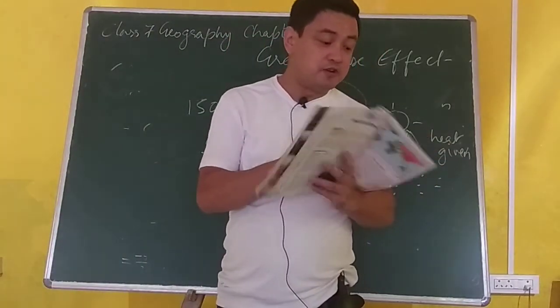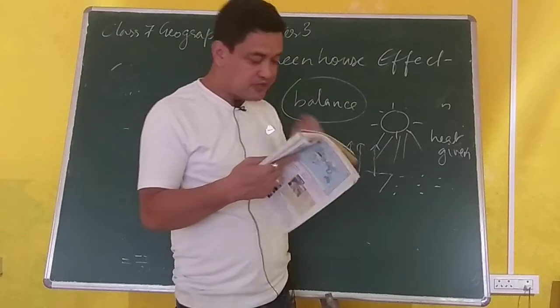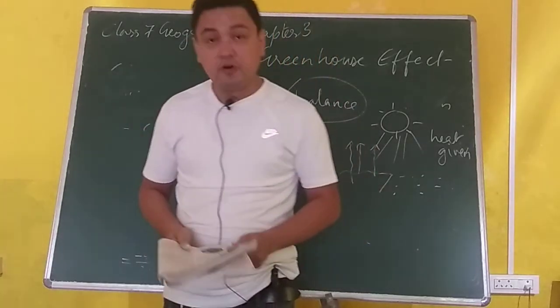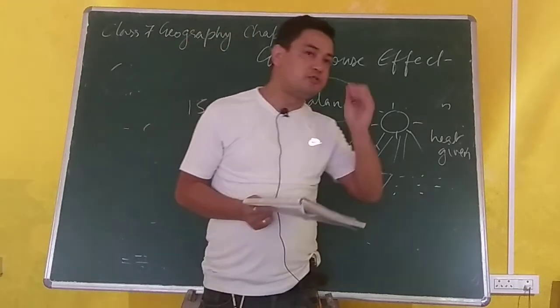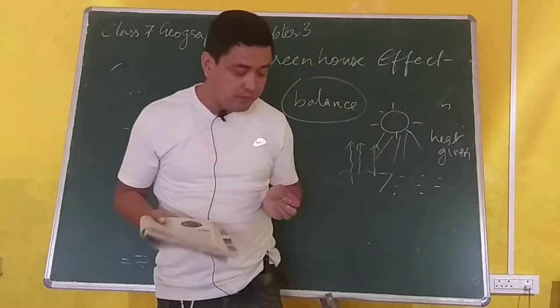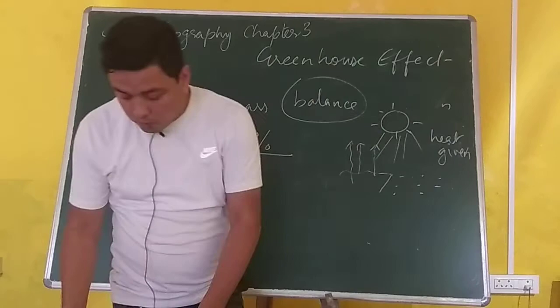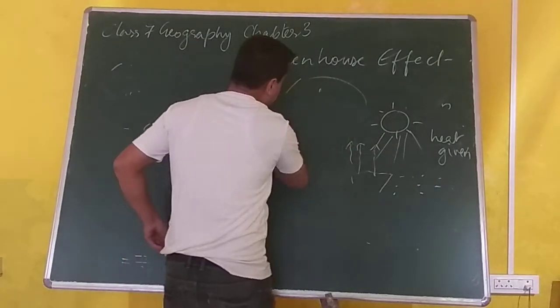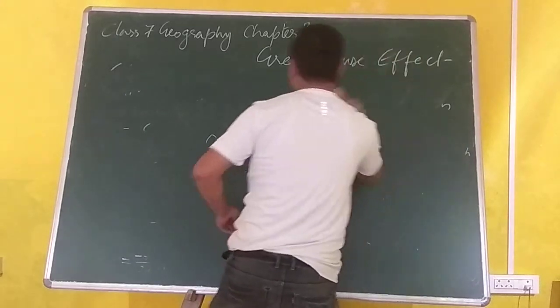Now you can turn the page because I have already told you about that. Now we are moving on to causes of global warming. What is the reason for global warming? The first reason is ozone depletion. It's written in the book. So we are doing causes of global warming.